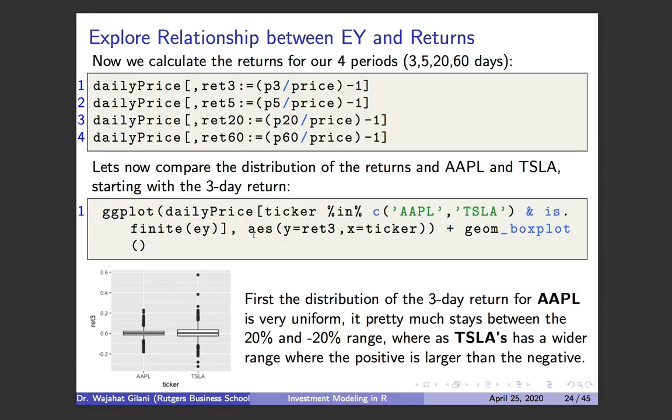All right, but first things first, let's go ahead and calculate our returns now, because we're ready to start looking at them. I can literally just copy this. I guess I'll just copy that.